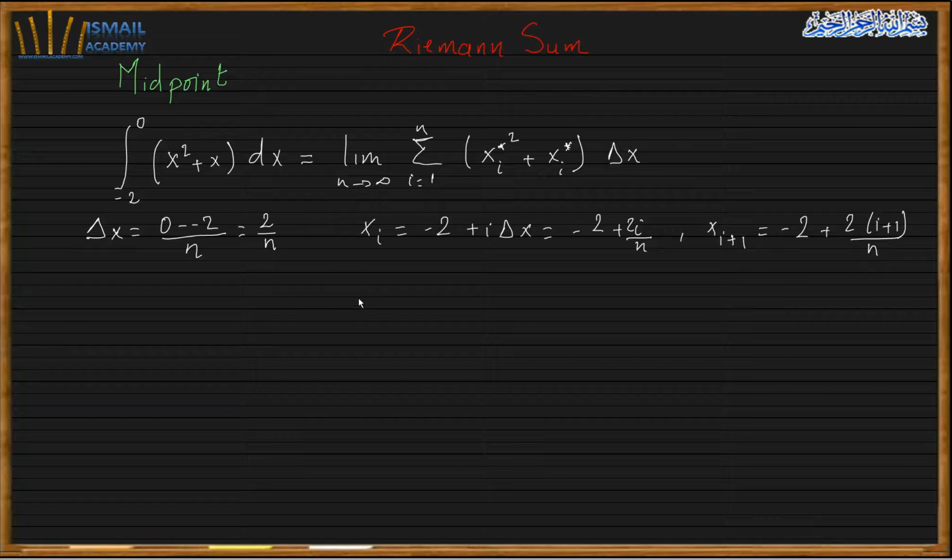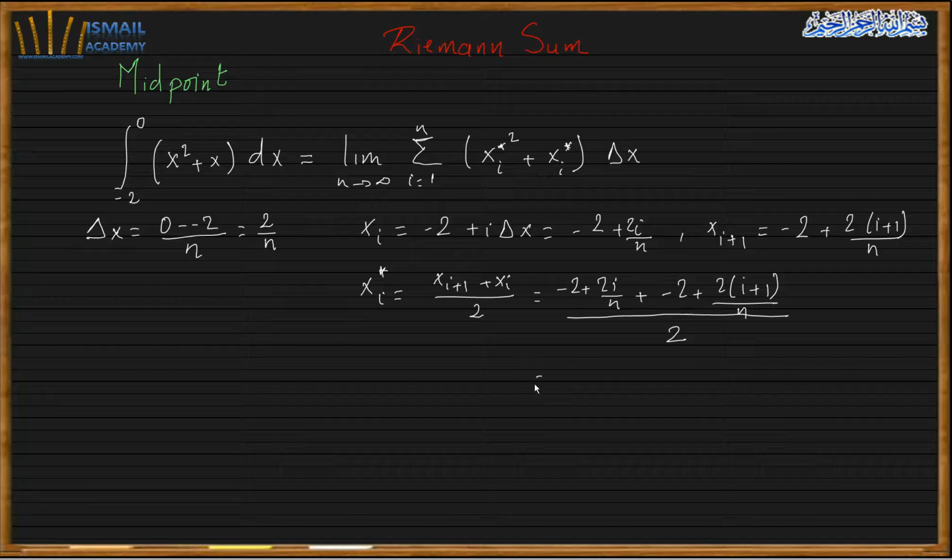So to find out my x star i, which is my midpoint, what I do is x_i plus 1 plus x_i over 2, using the midpoint formula. So it's going to be minus 2 plus 2i over n plus minus 2 plus 2(i plus 1) over n, and the whole thing is over 2.